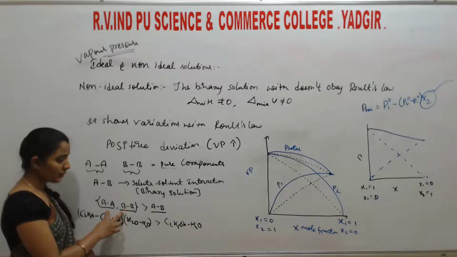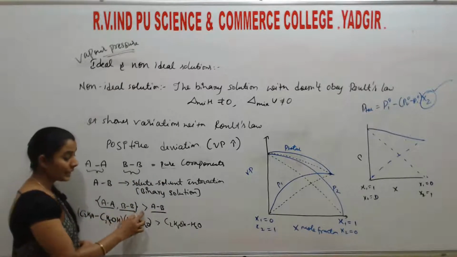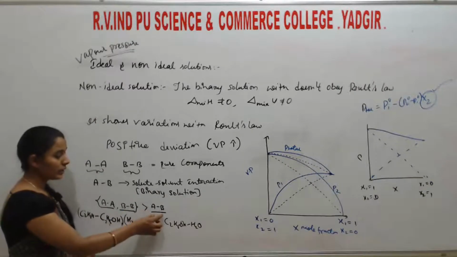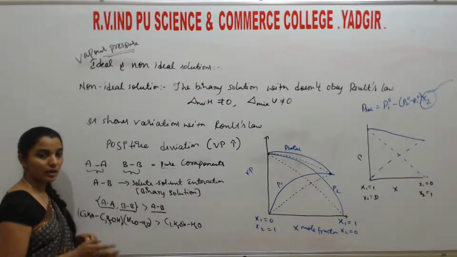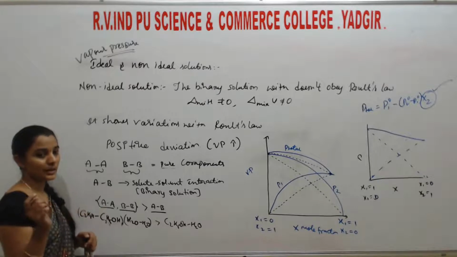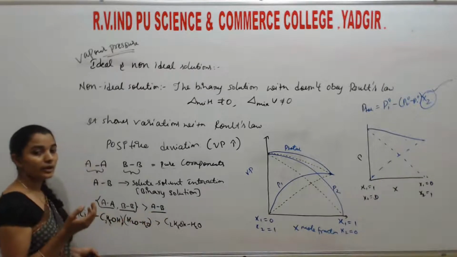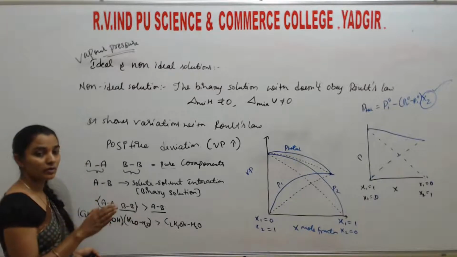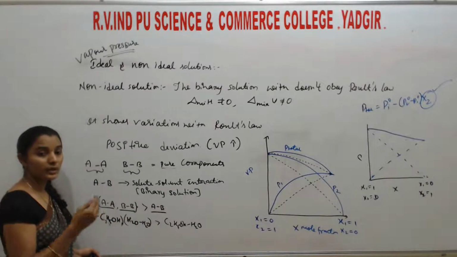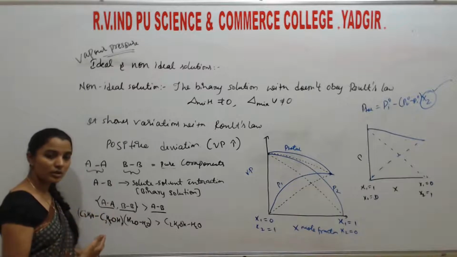If the interaction between the two pure components is greater than AB, then here the interaction is less, meaning the force is less, so it easily escapes. Which easily escapes means it increases the rate of vaporization from the solution. So if the rate of vaporization increases, vapor pressure also increases.